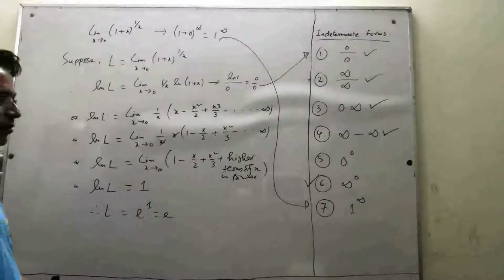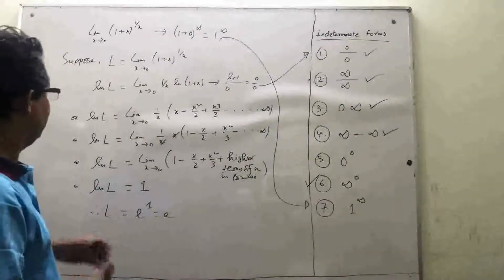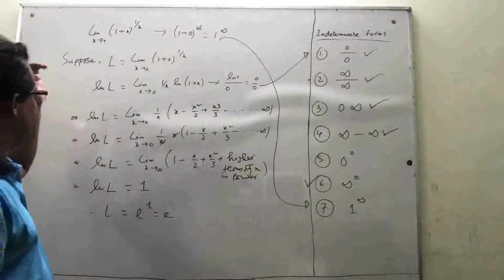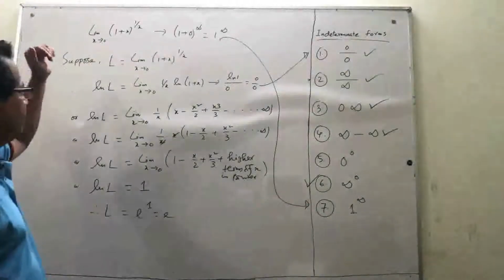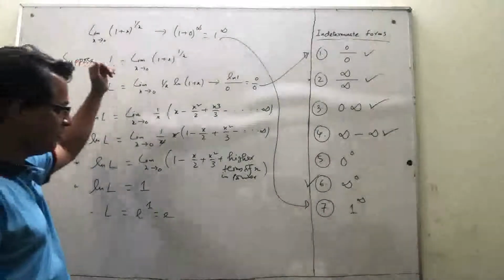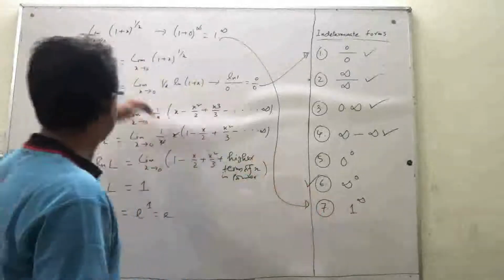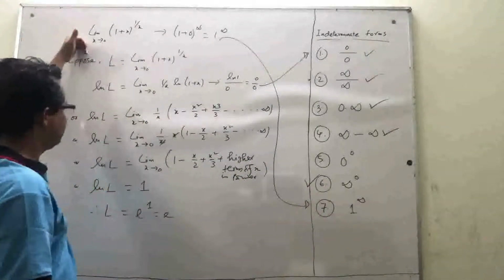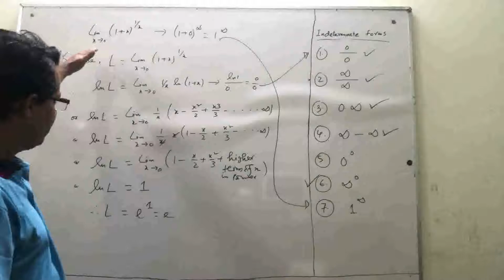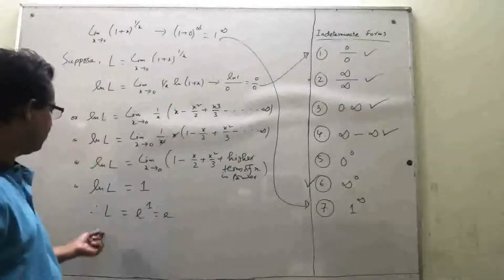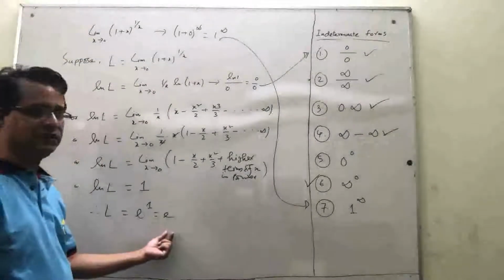Therefore, we can successfully remove the 1 to the power infinity indeterminate form from this limit by following the logarithm method, and we have L equal to e.